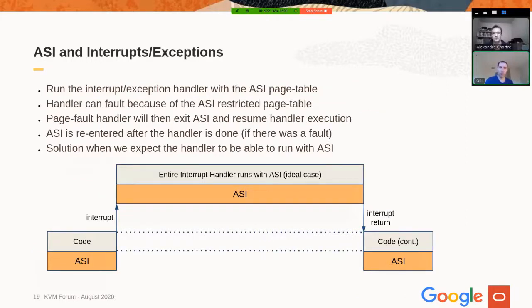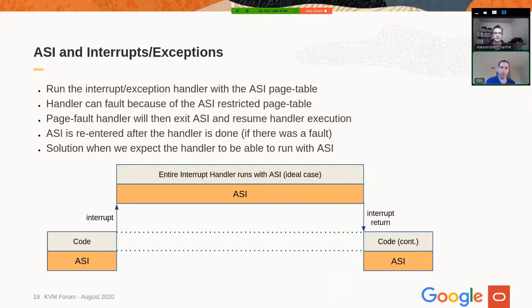So ideally, we would like to be able to run the interrupt and exception handler with the ASI page table. Of course, this may not always be possible for a particular interrupt, where it's better just to switch to the kernel page table. But still, we can put in place a mechanism to do that. The idea is that when there is an interrupt, the handler is going to start, but it's not going to switch the ASI.